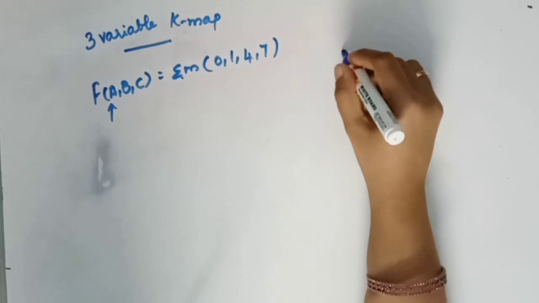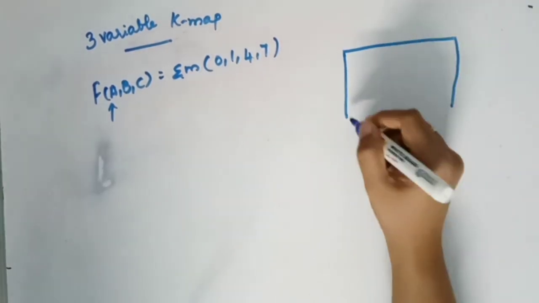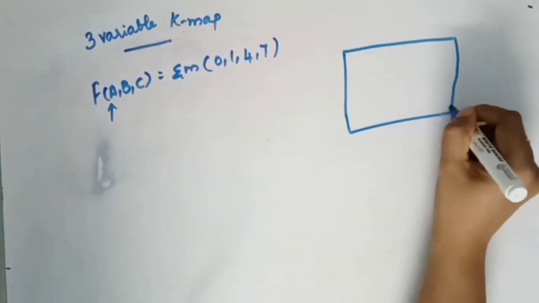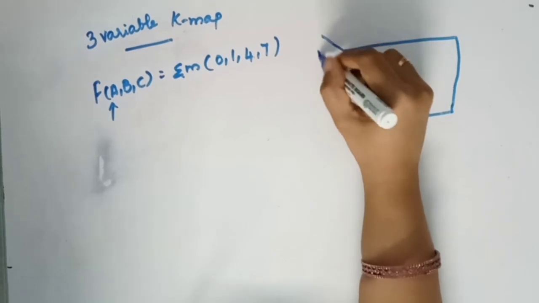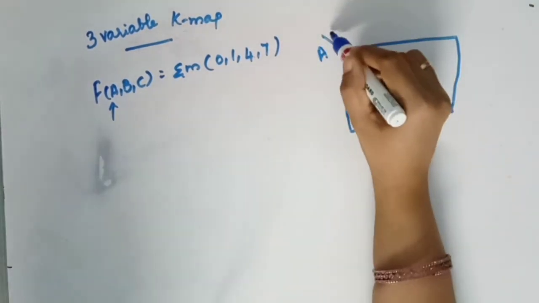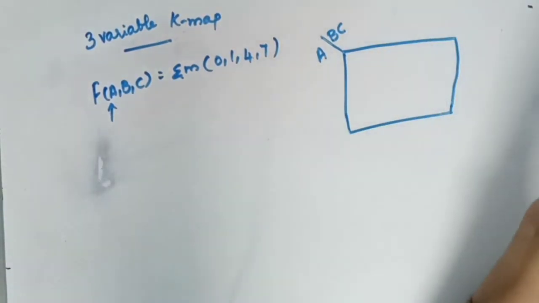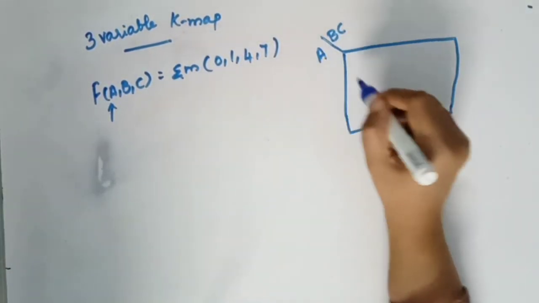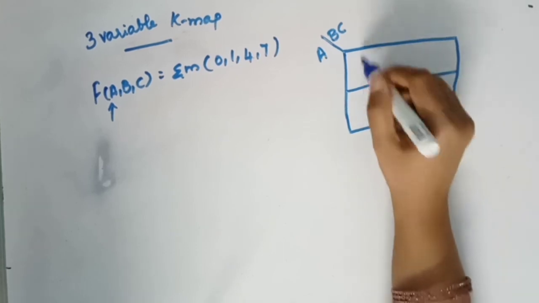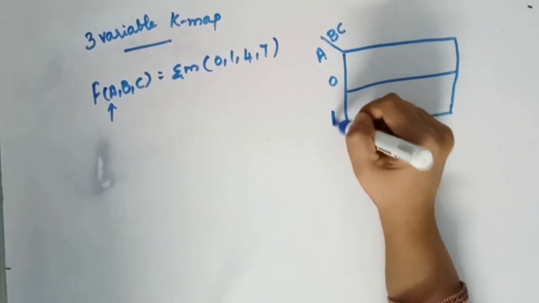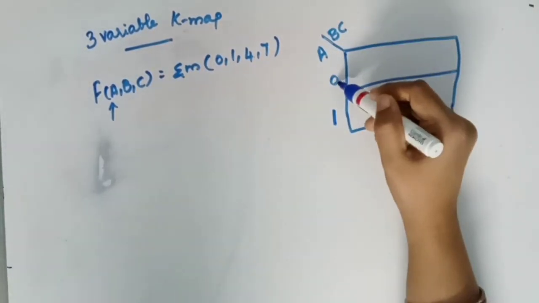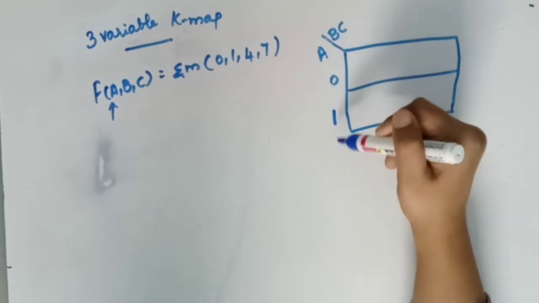Equal to sigma M. So in a 3-variable Kmap, it will be A, then you will write both the next two bits there. A can have only two values, so you'll divide this into 2, 0 and 1, and always write 0 first, don't write 1, 0.